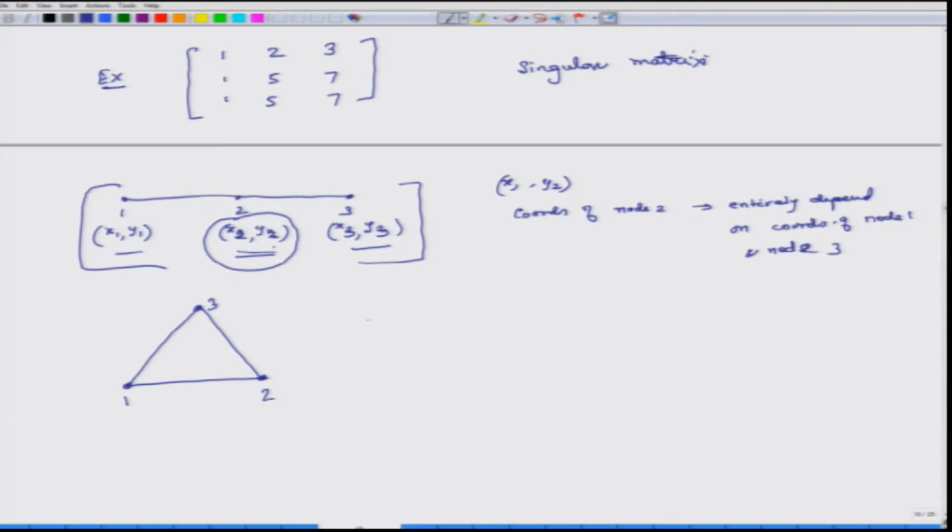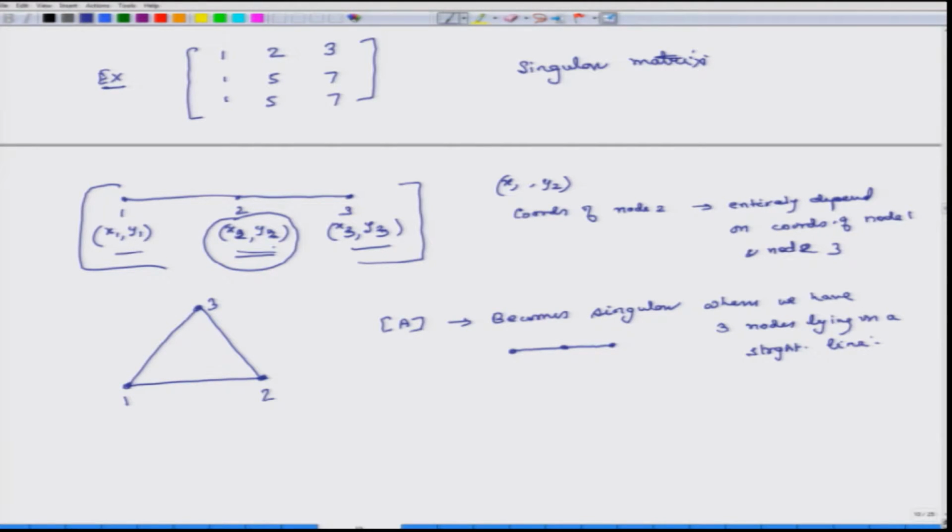So, physically, A becomes singular when we have 3 nodes lying on a straight line.